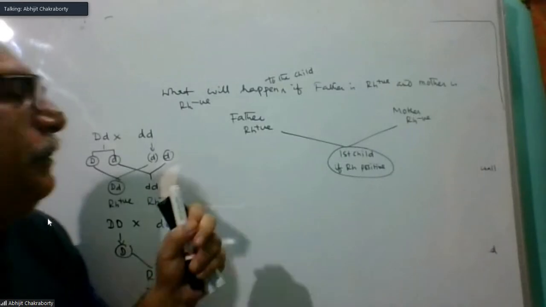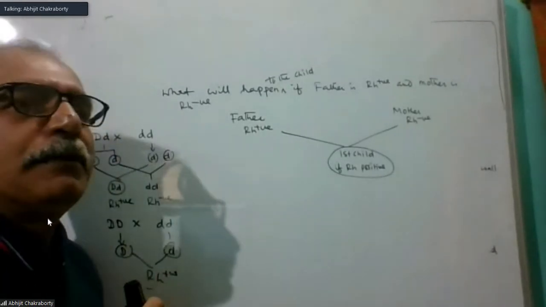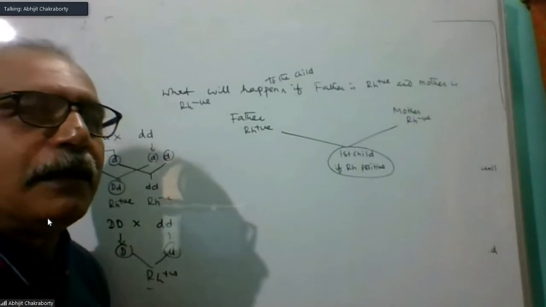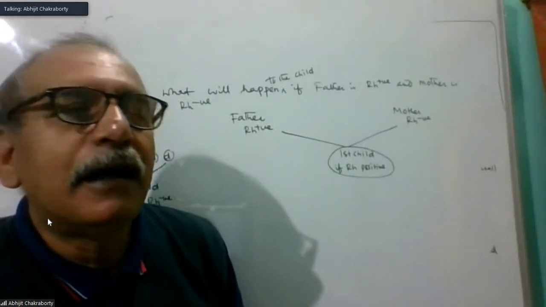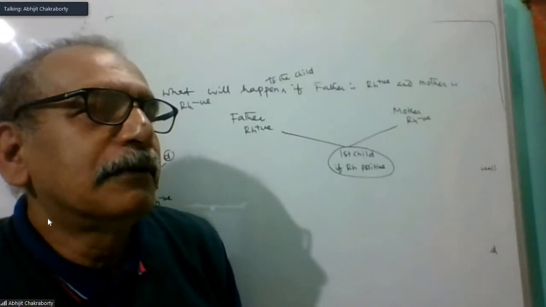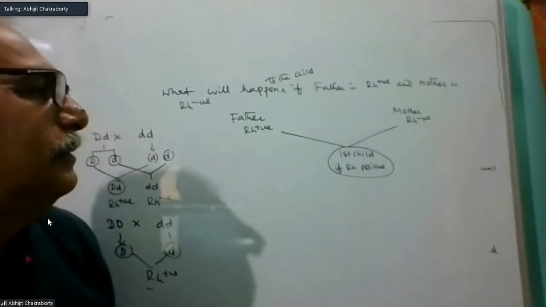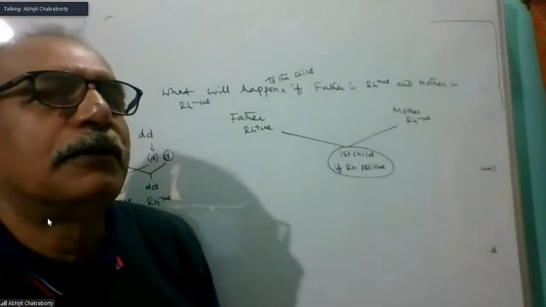If it is so, then mixing is possible only at the time of parturition, that is childbirth. Only at the time of parturition or childbirth, the mother's blood comes in contact with the fetal blood.